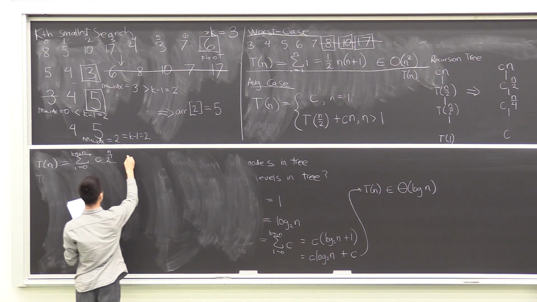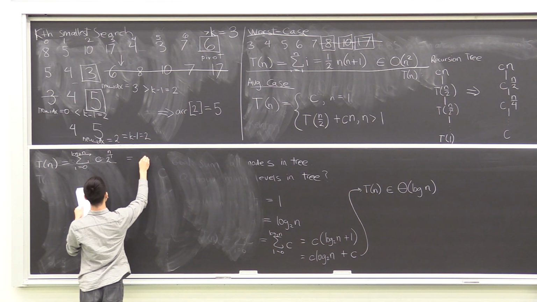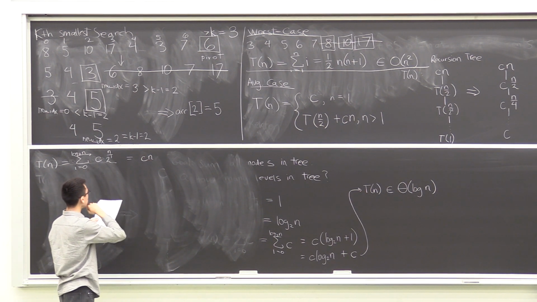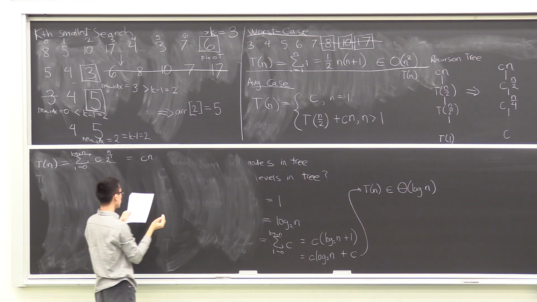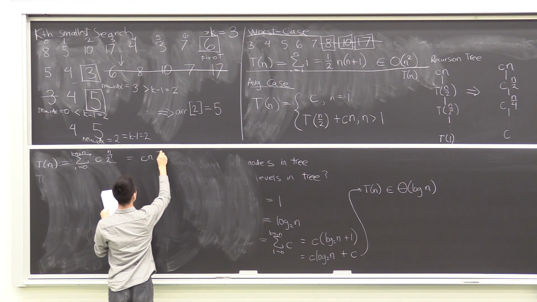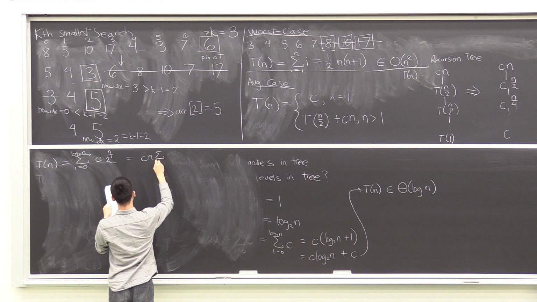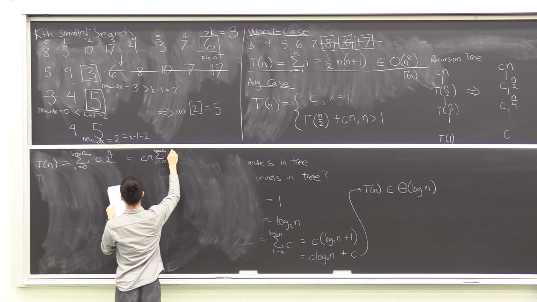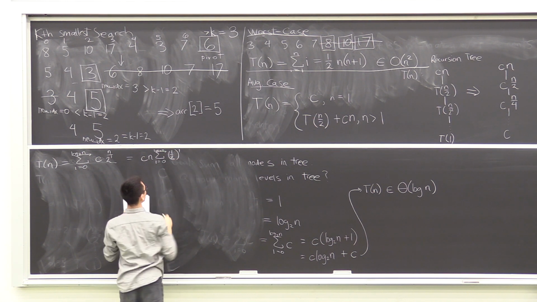And we can go ahead and factor out the cn and only have the 1 over 2 to the i. So you can have cn times the sum from i equals 0 to log base 2 of n of, well, 1 over 2 to the i is just half to the ith power. Okay.